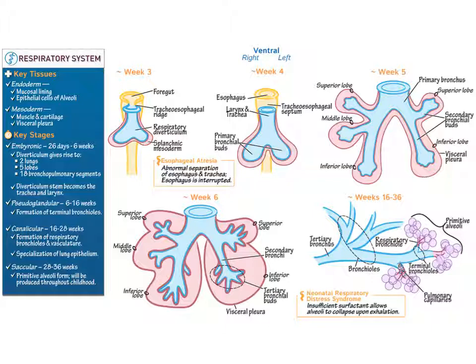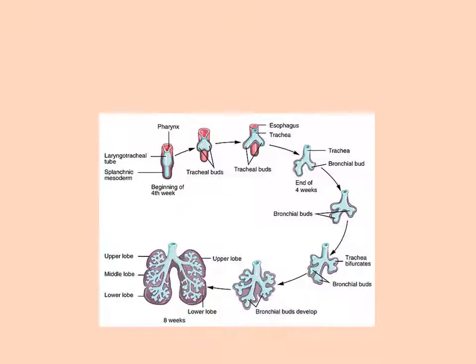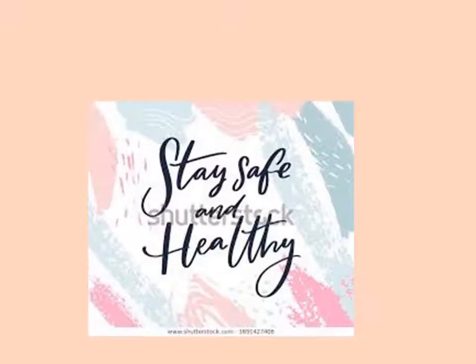At week 6 we have the development of segmental or tertiary bronchus, and then the development of bronchioles and ultimately the alveoli, which extends even after birth. This is yet another diagram for the development of the respiratory system.